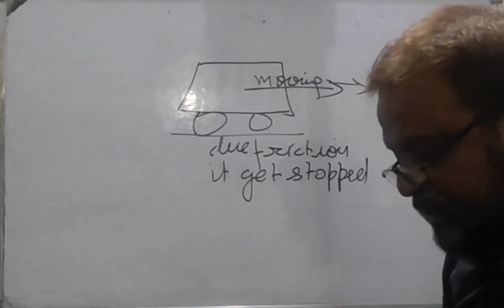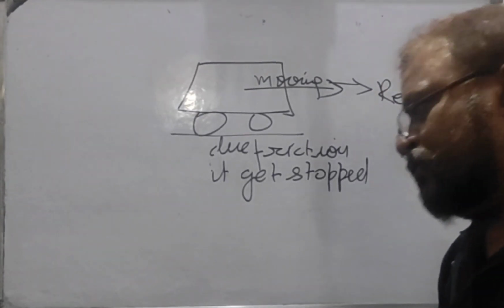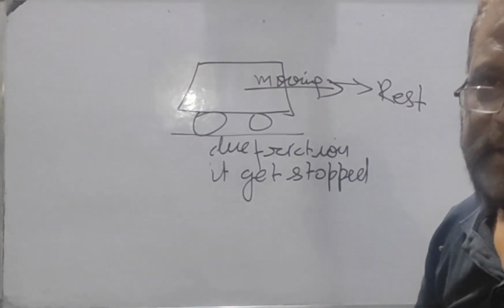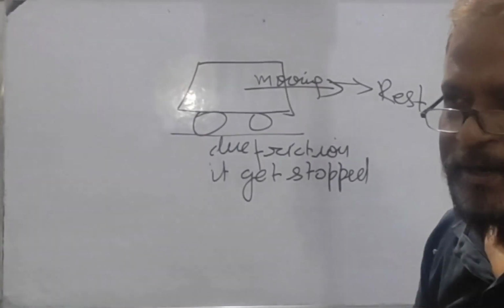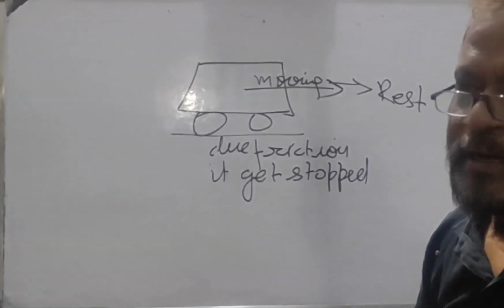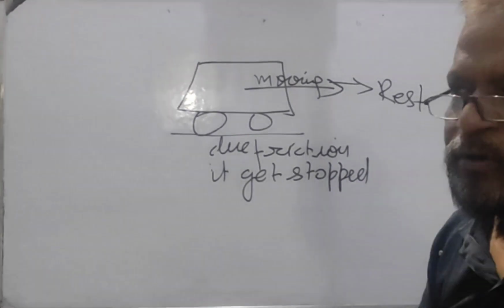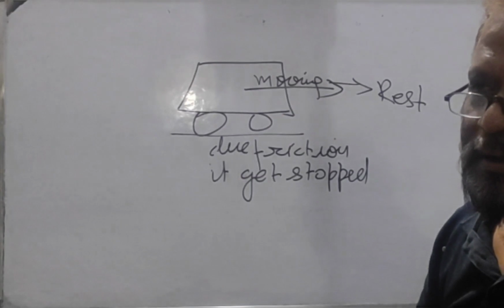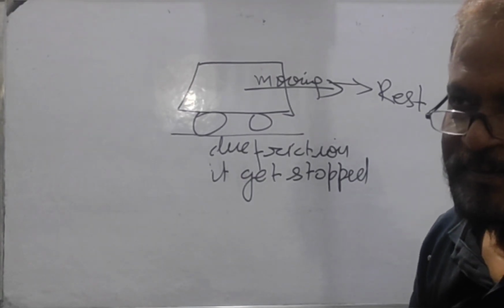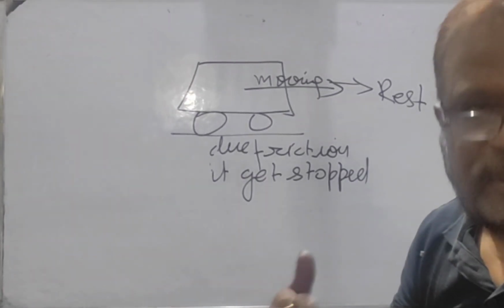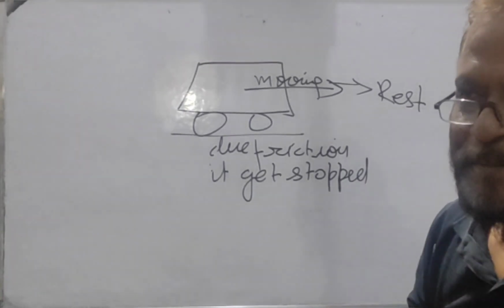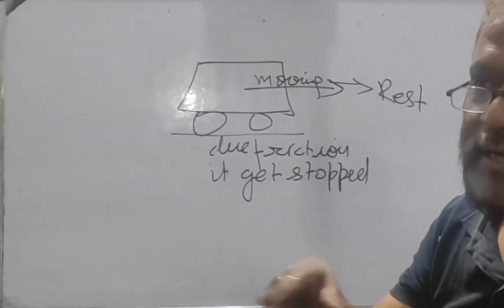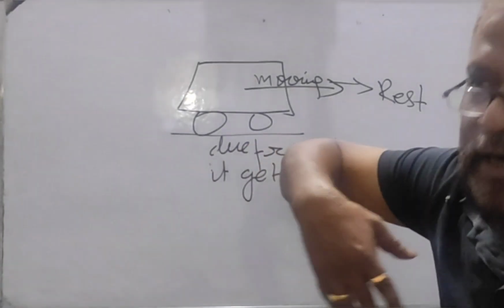So friction, no doubt, in nature is a force which is everywhere available, right? But if we talk about zero gravity, then what happens? Second pendulum means it takes 2 seconds to complete one oscillation, right?